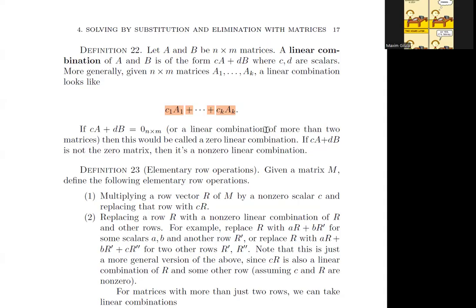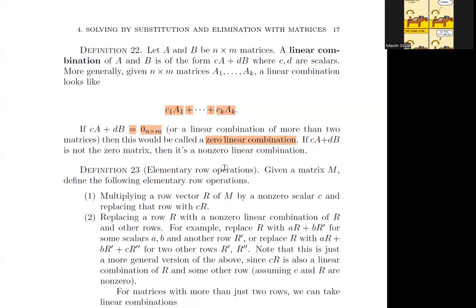One special case is if the linear combination equals 0. And this could be more than a sum of two. It could be a sum of k of them. But if it equals 0, we call it a zero linear combination. And if CA plus DB is not the zero matrix, it's a non-zero linear combination. And for row operations, we want to focus on non-zero linear combinations.